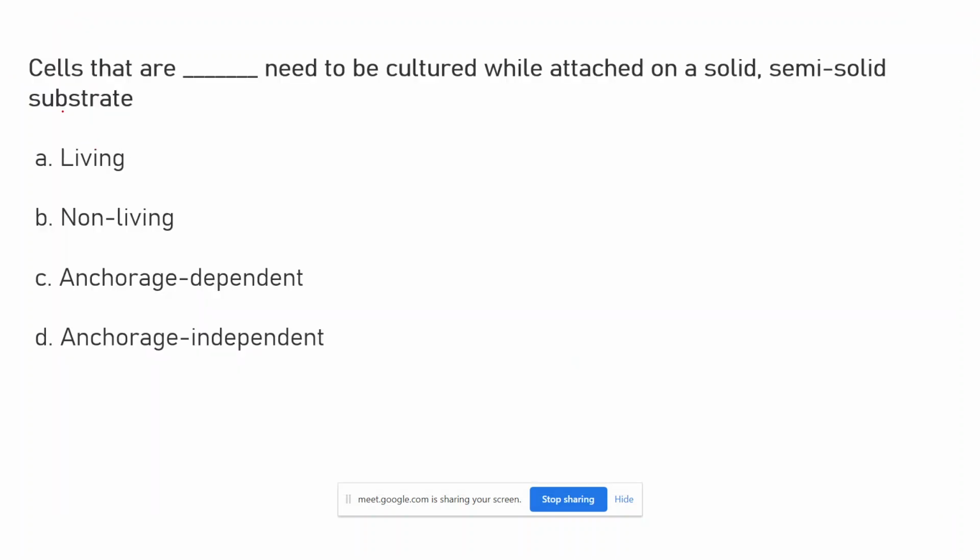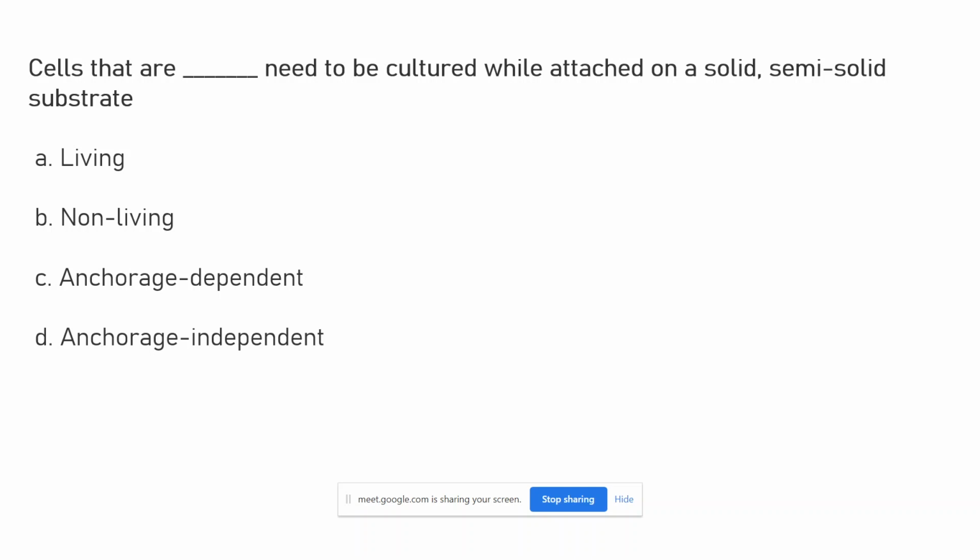So this is the first question: cells that show some property need to be cultured while attached on a solid or semi-solid substrate.